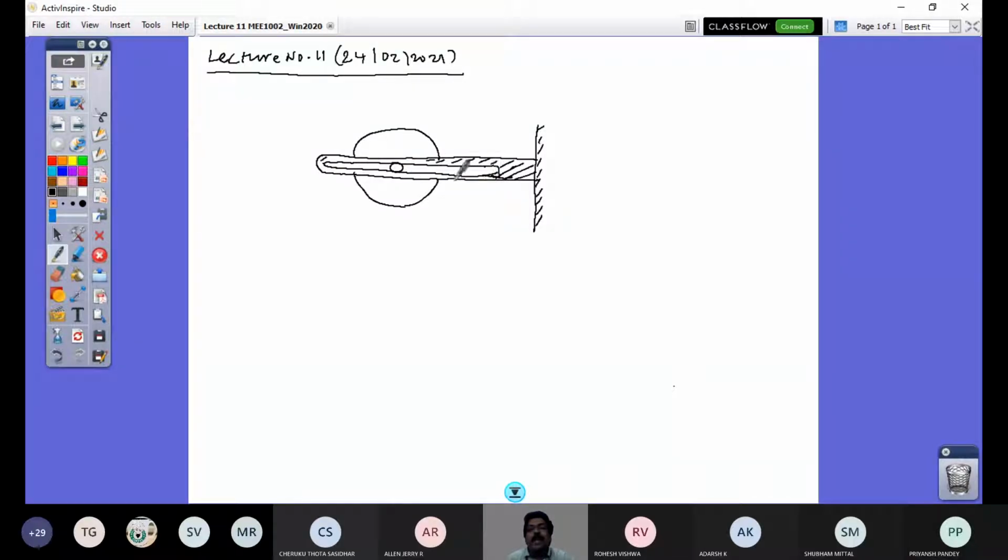Now, how do I control the motion of this? You look here, there is a spring connecting this pin, and it is constrained at the other end. So there is a spring here, and the spring is fixed at this end.